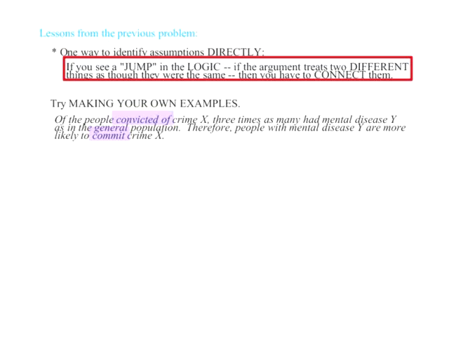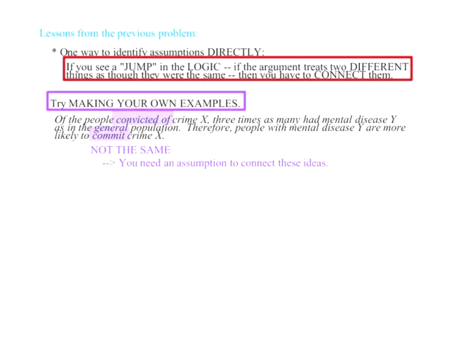So you would need an assumption that these are proportional to each other, or something to connect these ideas to each other. Making your own examples is a big thing. It's very hard to really master these concepts if you don't actively make your own examples. So give that a shot.